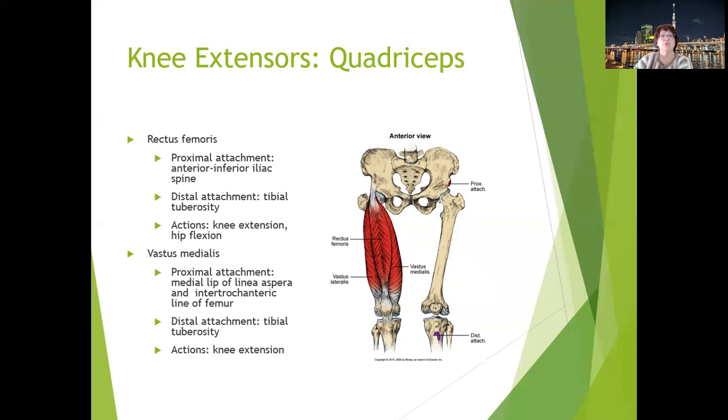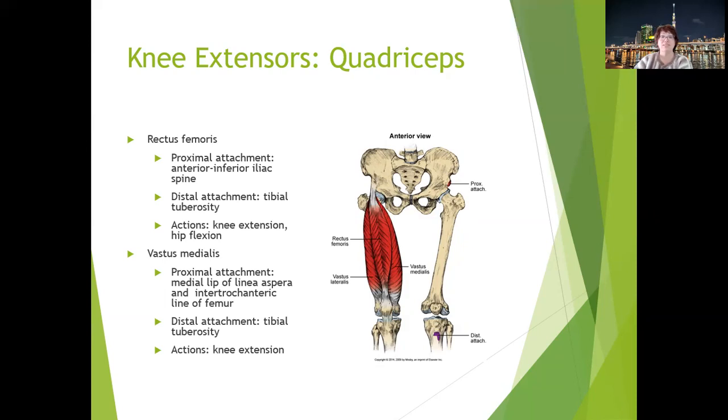So the rectus femoris, as we talked about in the hip, its origin, its proximal attachment is the anterior inferior iliac spine, AIIS. Its distal attachment or insertion is the tibial tuberosity. All of the quadriceps attach at their distal attachment in the same place through the same tendon. They share that common tendon.